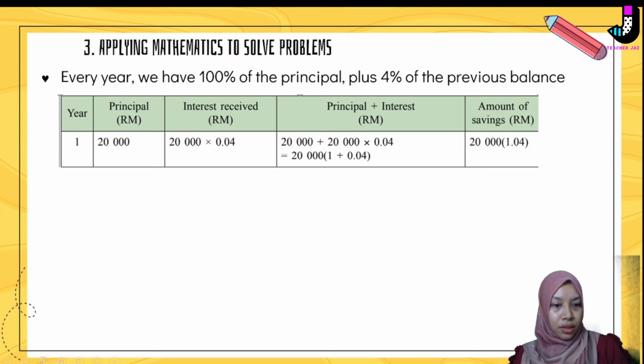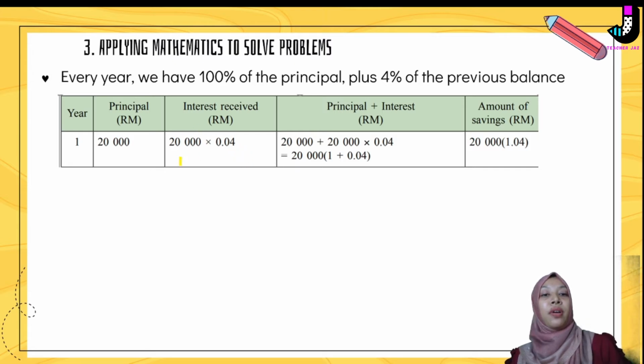I'll show with the highlighter. Here the principal is 20,000. The interest received, how are you going to get it? 20,000 times 0.04. How come you get that 0.04? Because it gave you 4%, so 4 over 100.